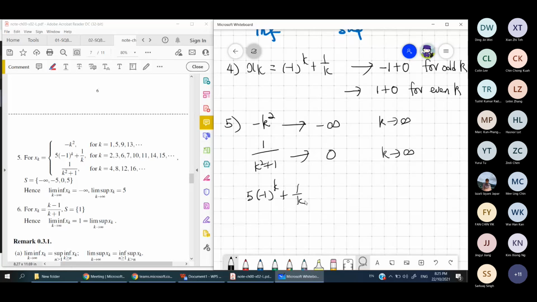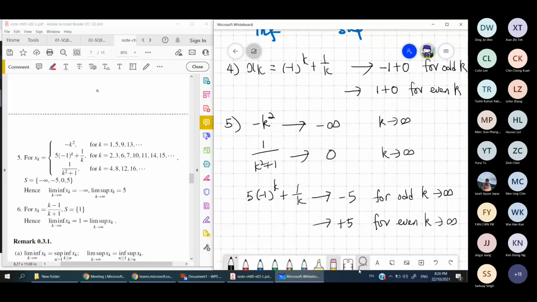So this one would tend to -5 for odd value k to infinity, and also this will tend to +5 for even number k when it approaches infinity.